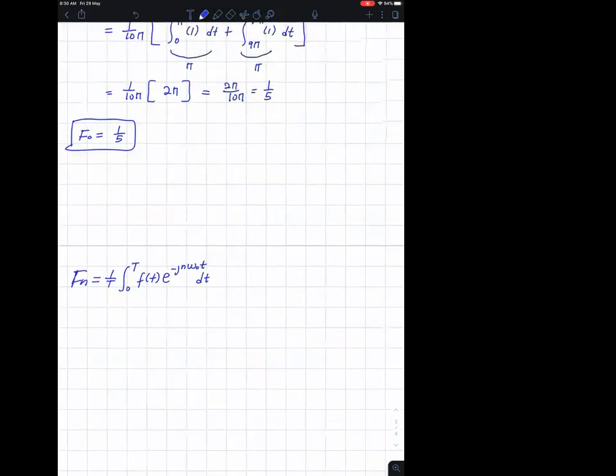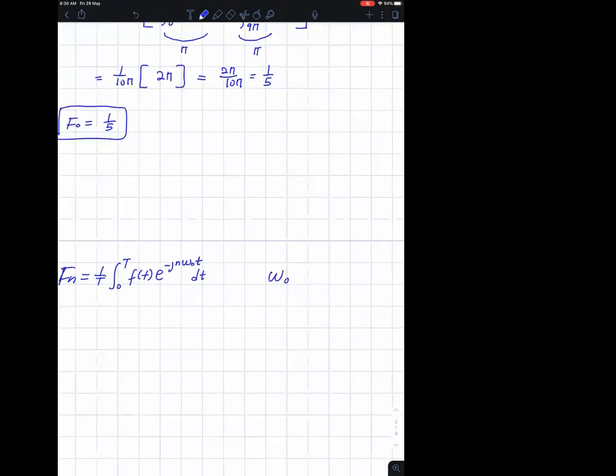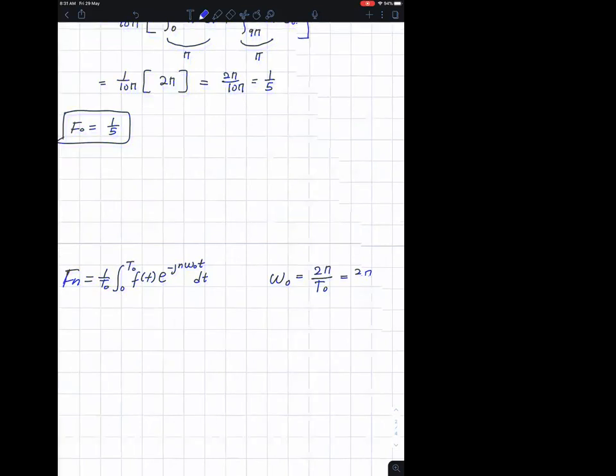So omega naught is 2 pi over T naught. What is T naught? We calculated it earlier. That was given.